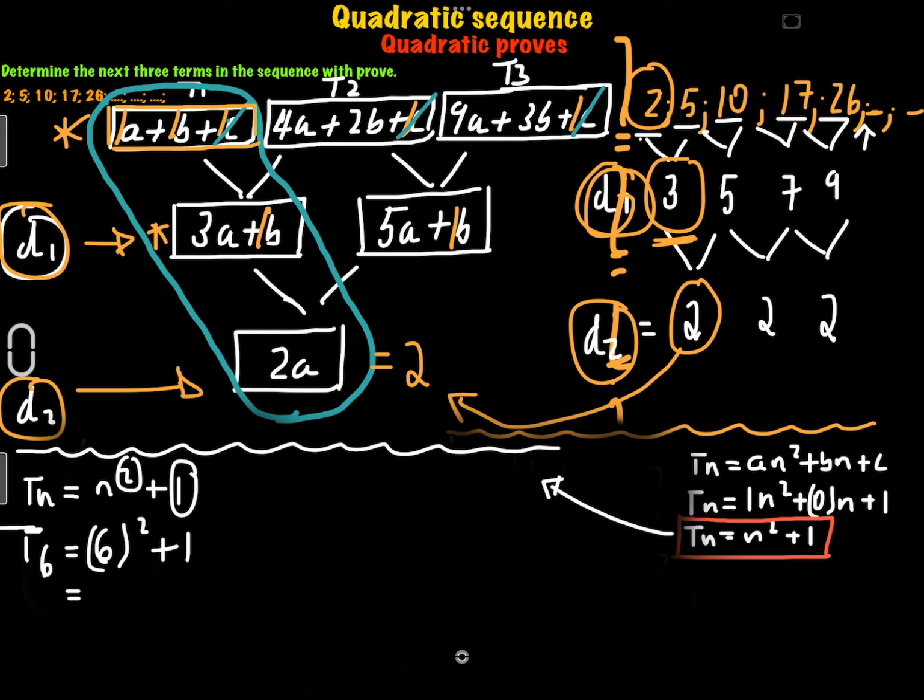So 6 times 6 gives us 36. So 36 plus 1 gives us 37. So term 6 is 37.